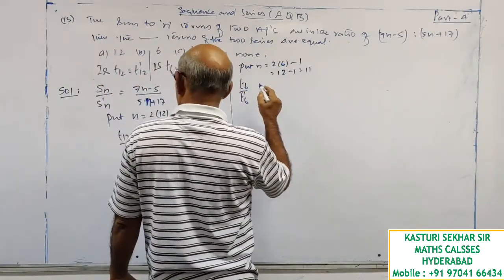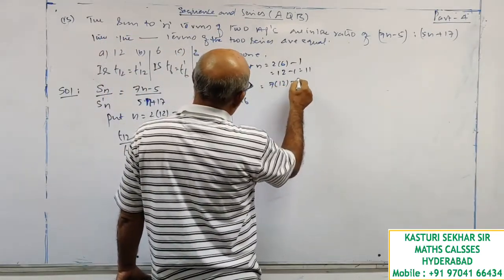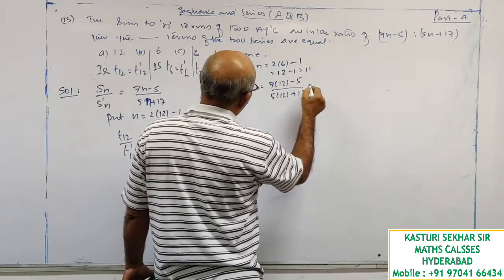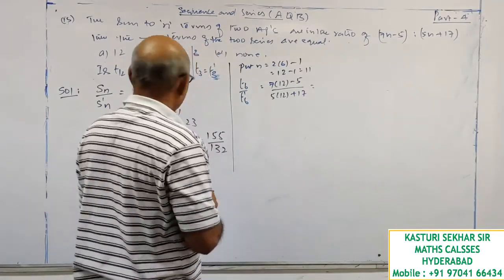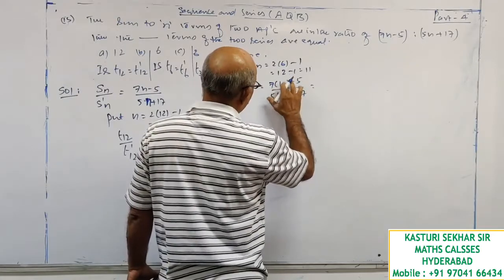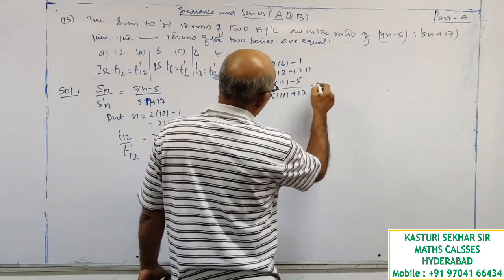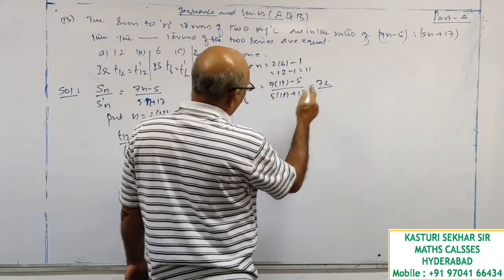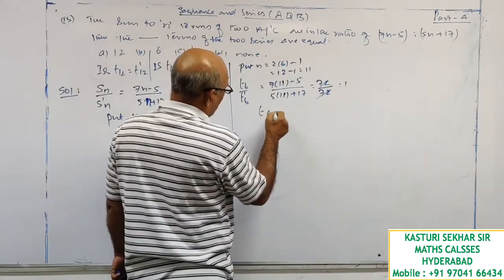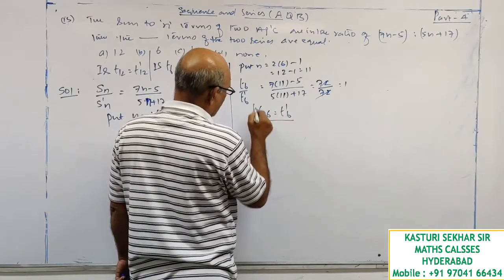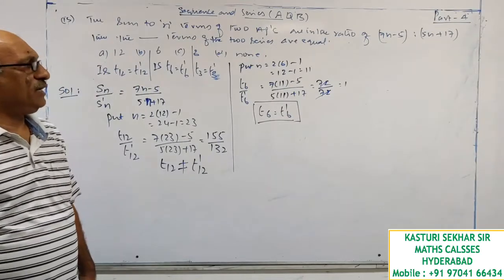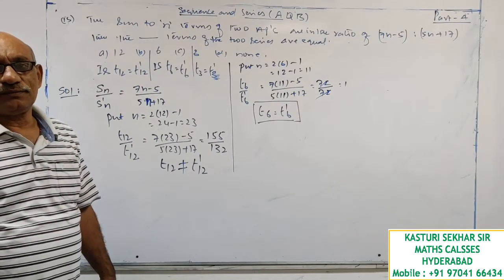This is equal to 7 into 11, sorry, not 12. 77 minus 5 is 72, and 55 plus 17 is 72. This is 1. So T6 is equal to T dash 6. Sixth terms of the two series are equal. This is the objective type question.